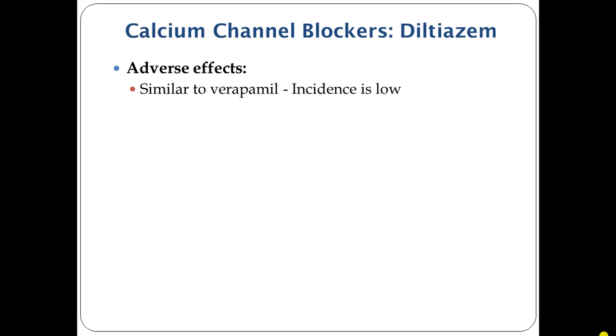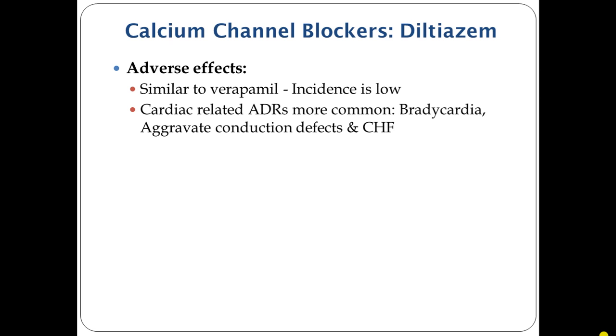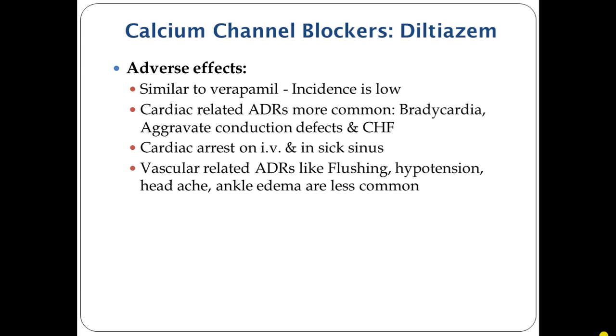Adverse drug reactions are similar to verapamil but the incidence rate is a little lower. Cardiac-related adverse drug reactions are bradycardia, aggravated conduction defect, and heart failure. Cardiac arrest on IV administration, especially in sick sinus syndrome patients. Vascular side effects like flushing, hypotension, headache, and ankle edema are less commonly seen, and it causes increased plasma digoxin level also.